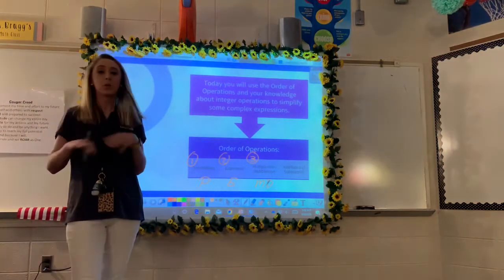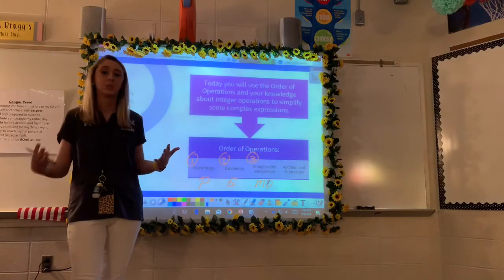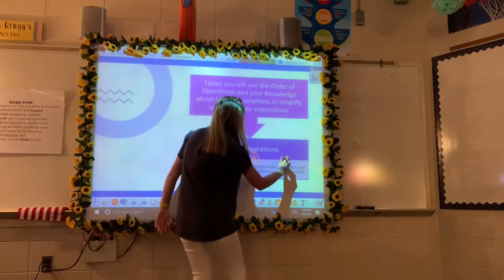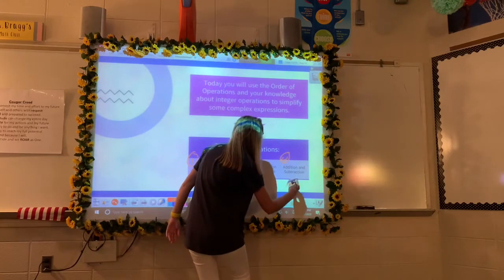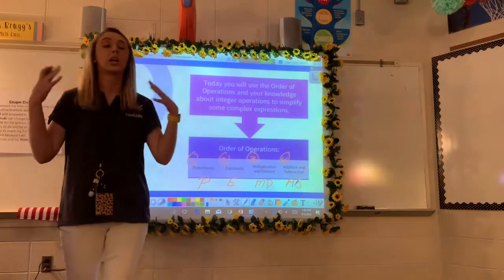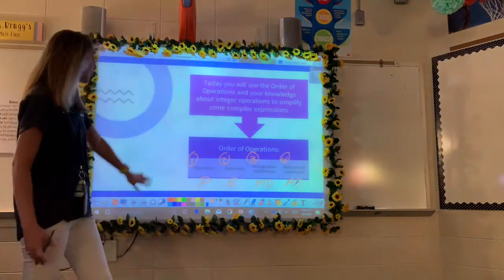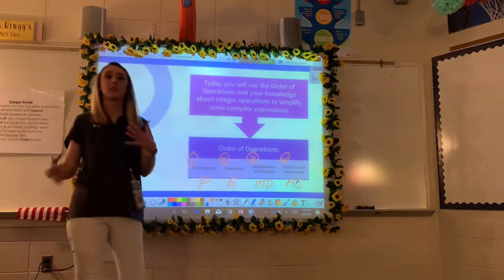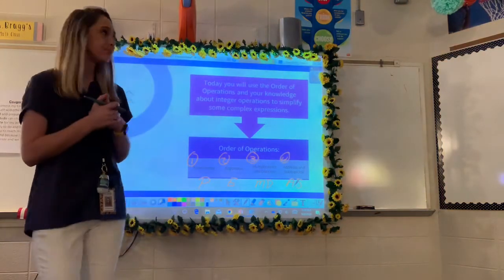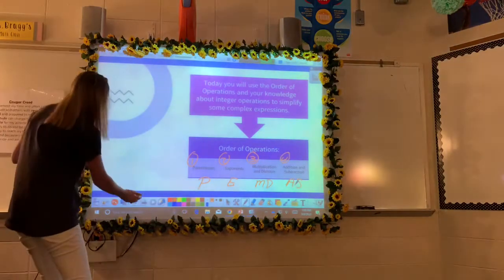So you don't always do multiplication first, you do whichever one comes first in the equation, okay? And then the same thing with addition and subtraction, that's the fourth one. So addition and subtraction, whichever one comes first, okay? So that is where we get that PEMDAS from, so hopefully that is something that is prior knowledge and you kind of remember that. So let's just try this example together.